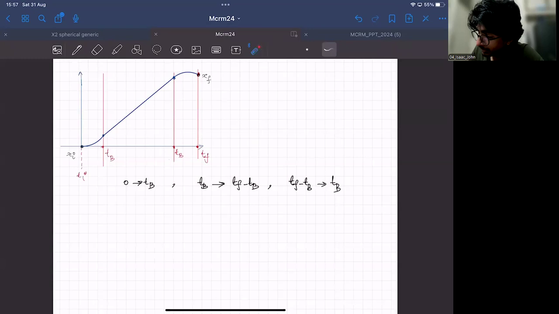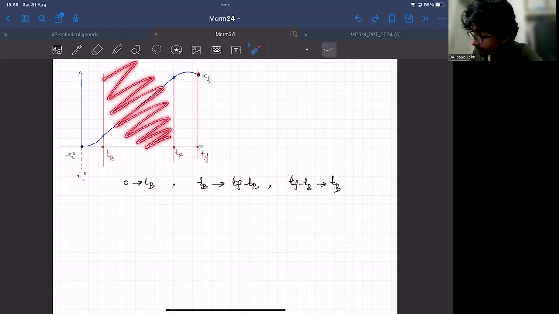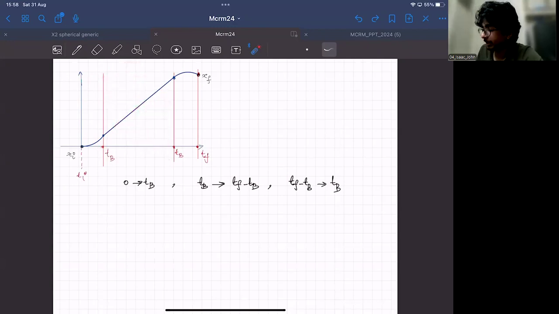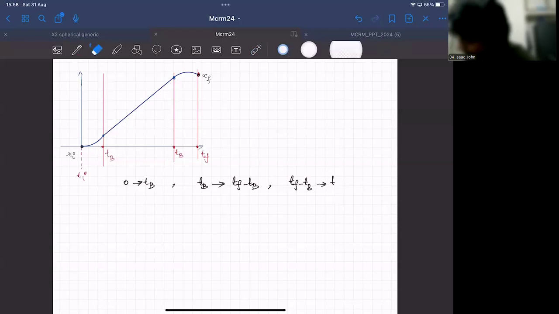So 0 to TB would be this interval. And TB to TF minus TB would be this interval. And TF minus TB to TF would be this interval.